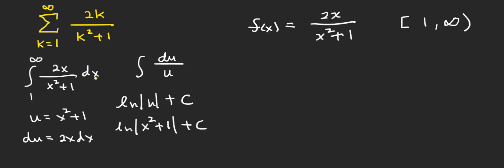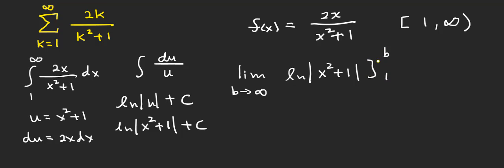So when you take the integral of that, you'll get the limit as b goes to infinity of natural log of the absolute value of x squared plus 1 from 1 to b.